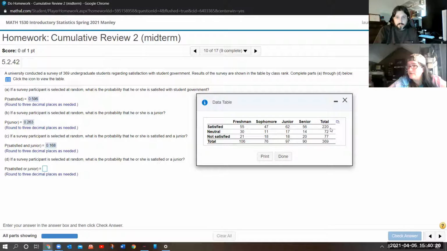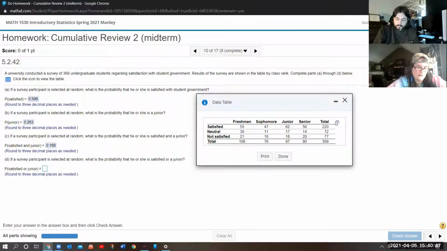And then we're going to look at the junior column, but not add the 62, because the 62 was already taken care of when we tallied the satisfied. So just add the 17 and 18. So 220 plus 17 plus 18 equals, and then I would divide that by 369.